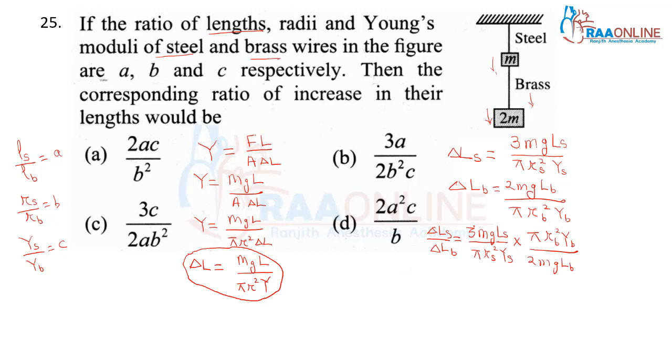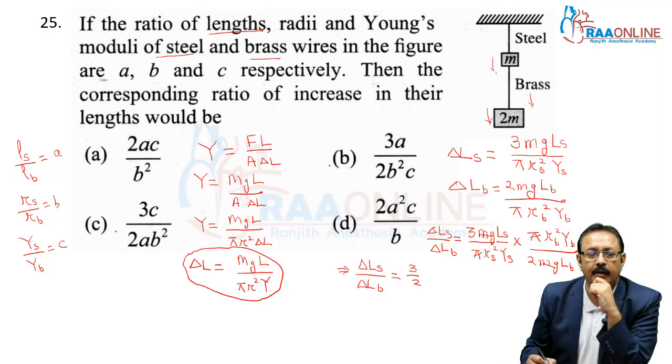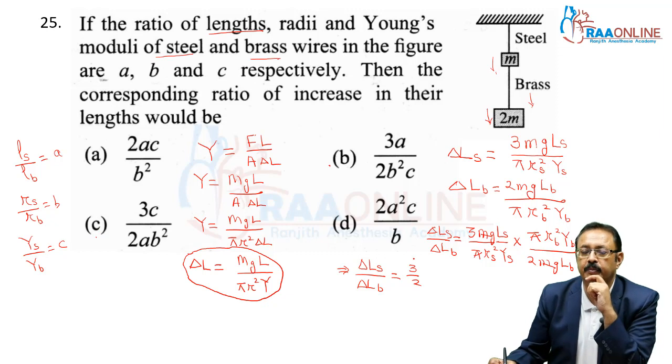Cancel the common terms, mg with mg, pi with pi. So we are getting delta Ls upon delta Lb equals 3 by 2, which means either option B or option C should be correct, because the number we are getting is 3 by 2.